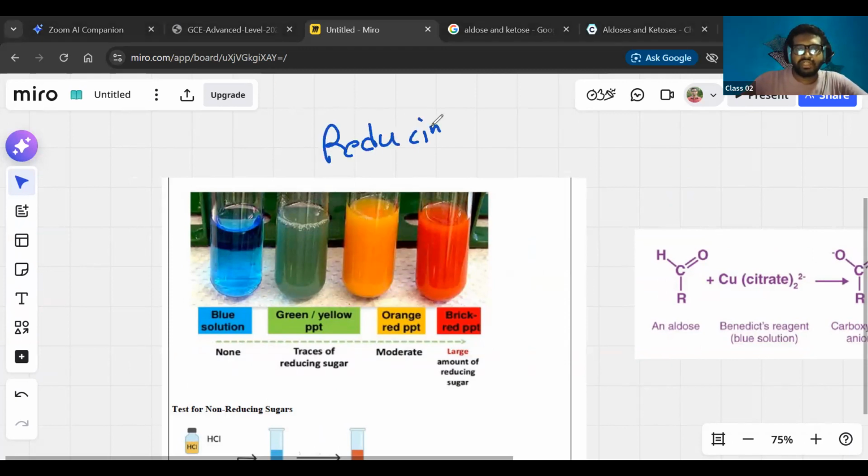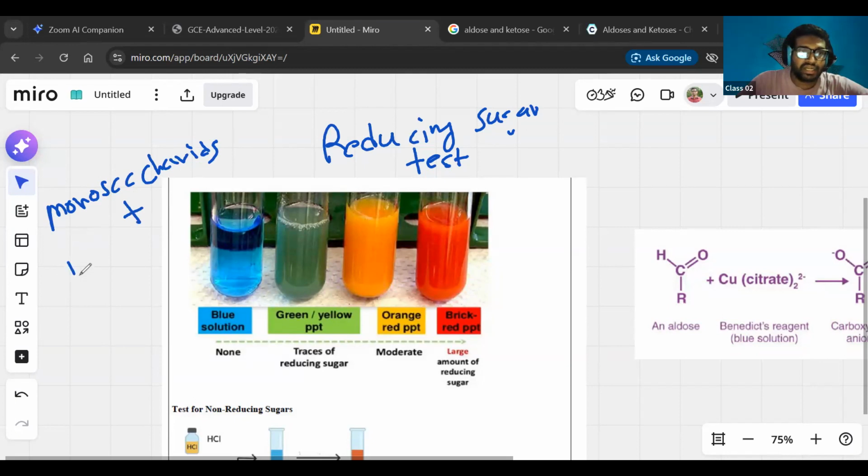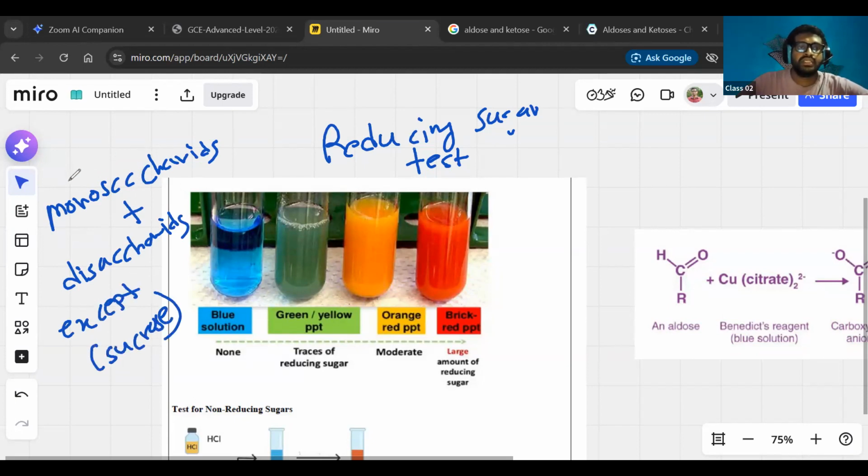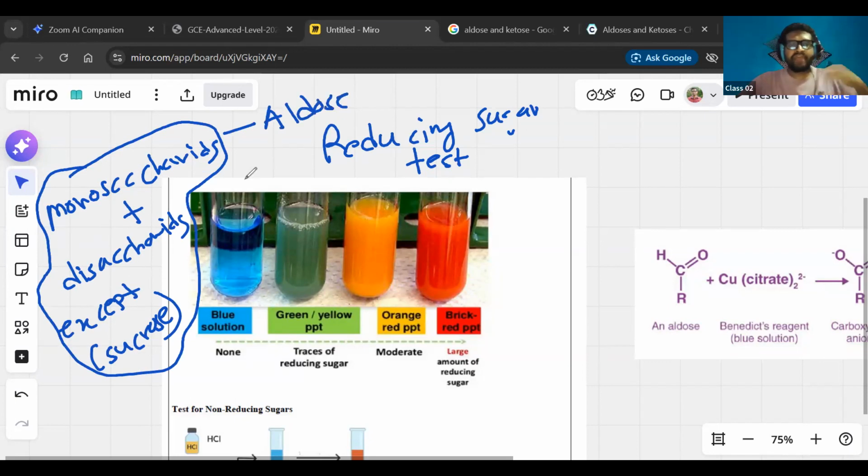So what happens in a reducing sugar test? If there is any amount of reducing sugar, like monosaccharides or even disaccharides, but be careful here, monosaccharides and disaccharides except sucrose, which have this aldose group, then even a trace amount in the solution will form a green precipitate.